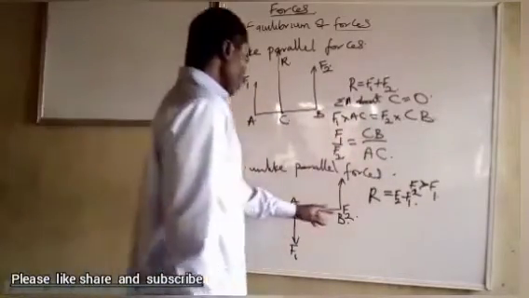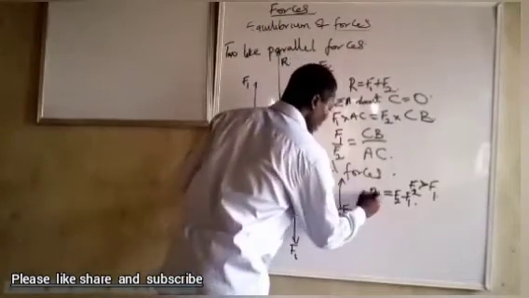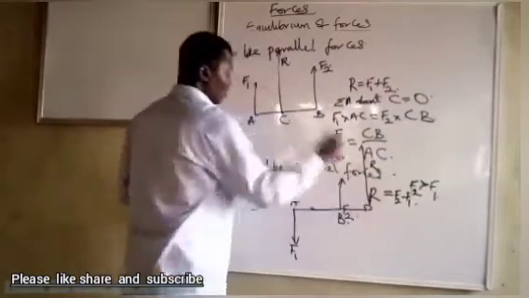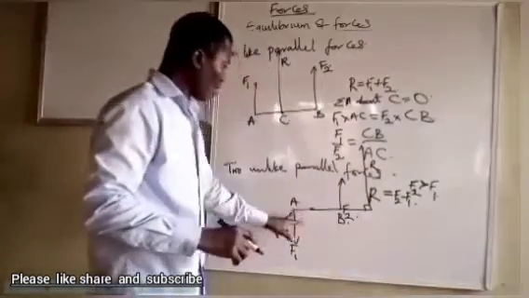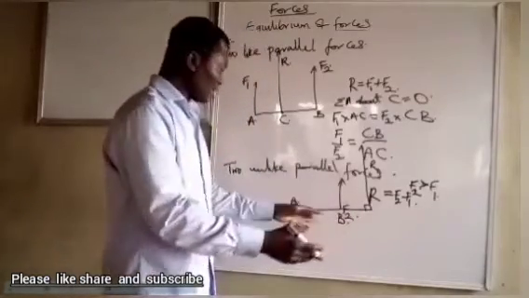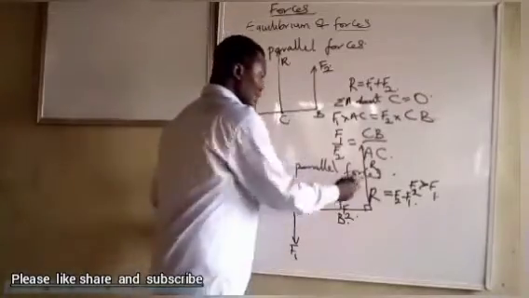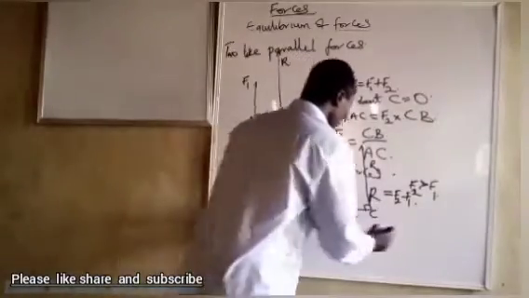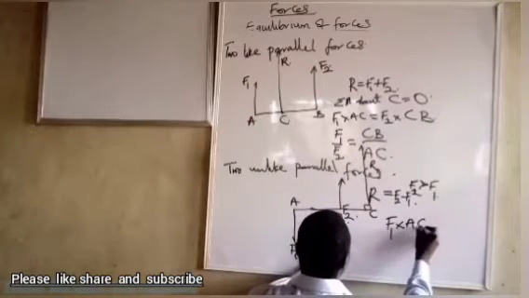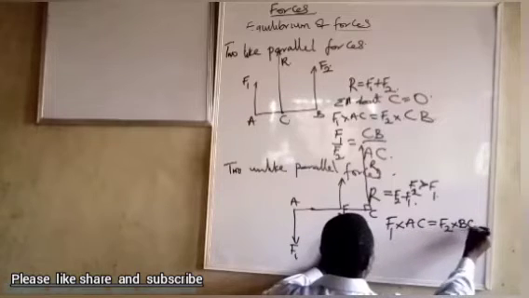Now, it means that the resultant will act beyond F1 here. That is where R will act. R will act after this one, because the moment of this one about this place must be equal. If it comes beyond this place, this one is always going to be bigger. So let's find what point R will now be, C. So F1 times AC is equal to F2 times BC.